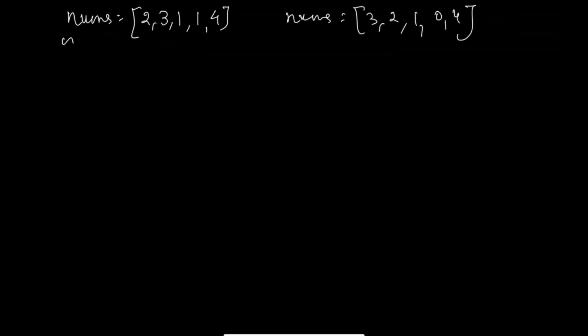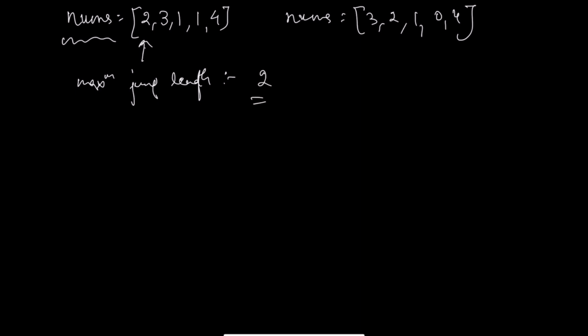We are given an integer array nums and we are initially positioned at the array's first index. Now we are told that every element in our array represents the maximum jump length. So for example, if we consider our first index, we have got 2.